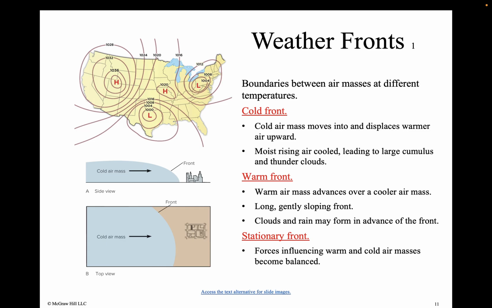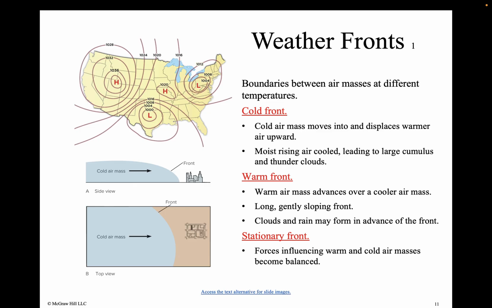Okay. Then we also have the stationary front. We also have a fourth type, but let's just focus on the stationary front here, which happens when the forces influencing the warm and cold air masses sort of become balanced, meaning that the front stops advancing and then they recede.